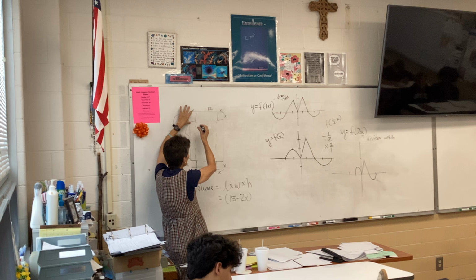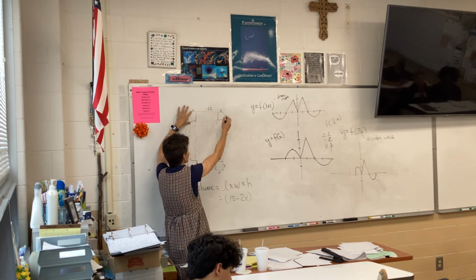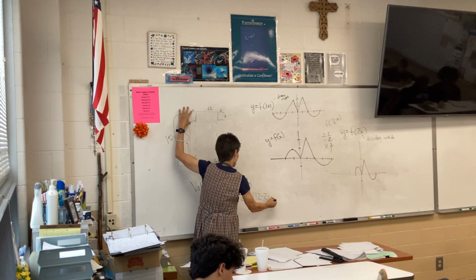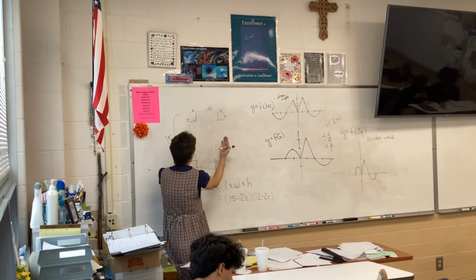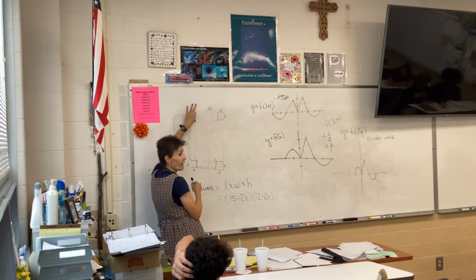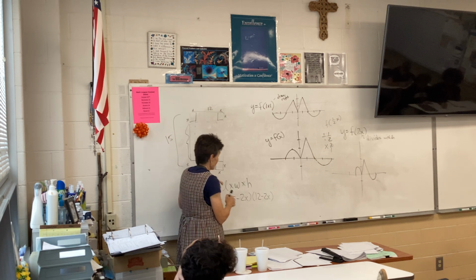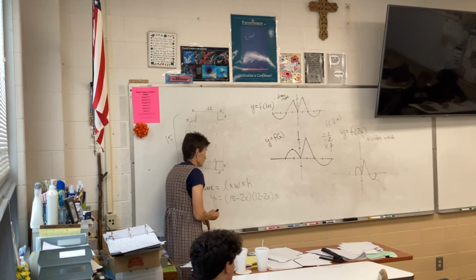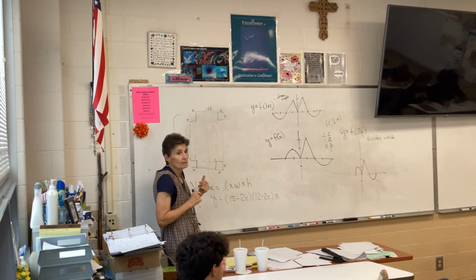Now what about the width of the box? 12 minus 2x. And then remember, we're folding up the flaps, so what's the height of the box? X. So there is your formula, or equation, for the volume.